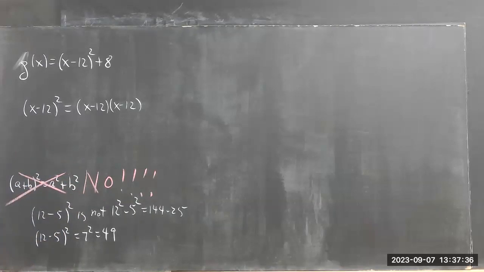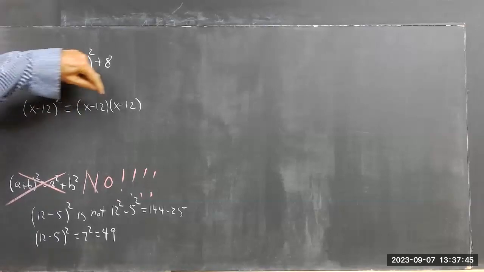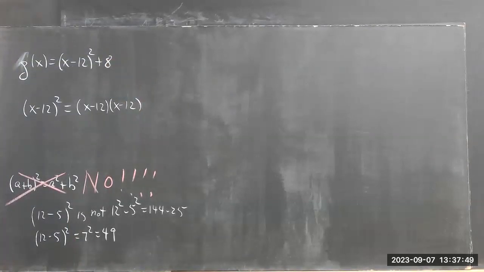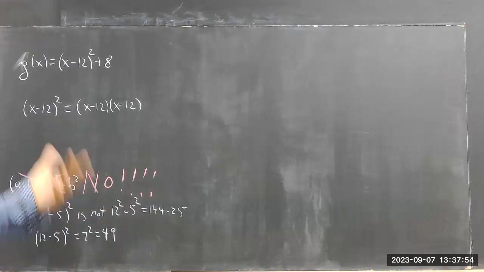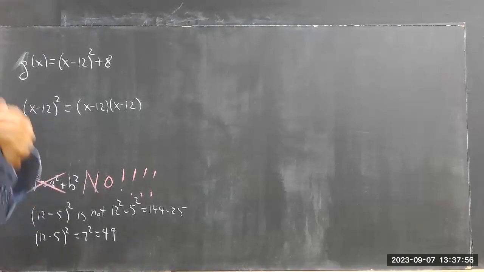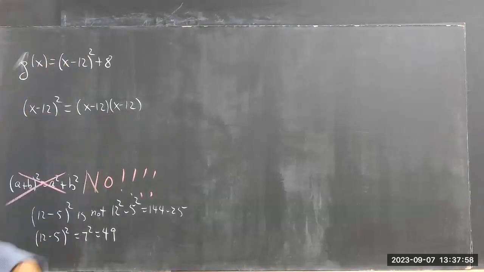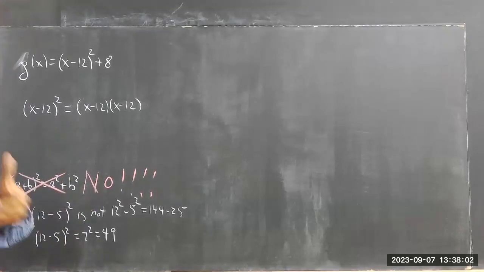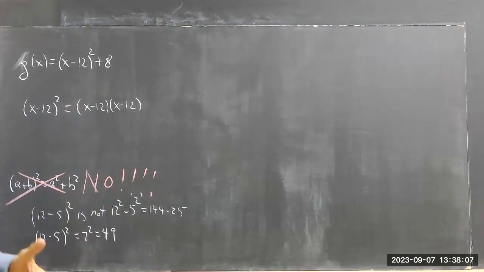When you square something, you multiply it by itself, the whole thing. You don't just pick up this and this. This multiplies this, this multiplies this, this multiplies this, this multiplies this. You know that. So don't slip up. It's really easy to do. If you write x squared minus 12 squared or x squared plus 12 squared, you're dead in the water. Your graph doesn't make sense, your function doesn't make sense, nothing makes sense.